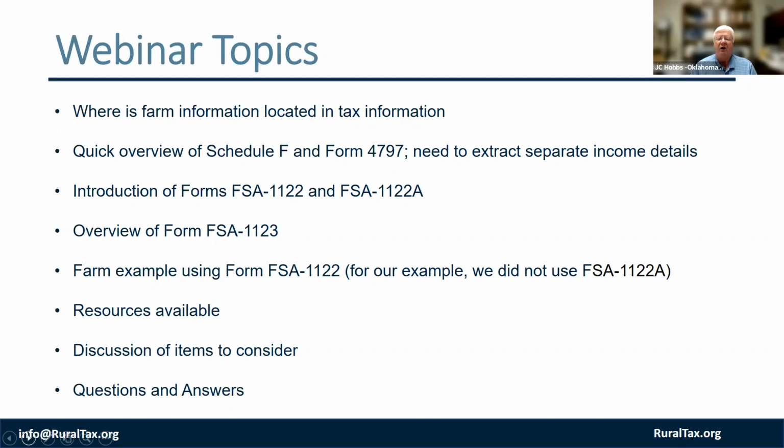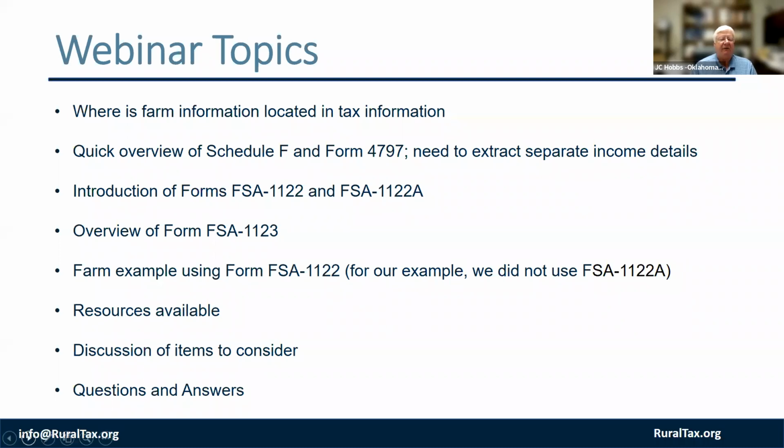We're going to walk you through how to extract detailed information from those. We'll also be introducing the forms FSA 1122, FSA 1122A, and an overview of the form FSA 1123. So we're going to be talking about those, describing what's there, how they fit, etc.